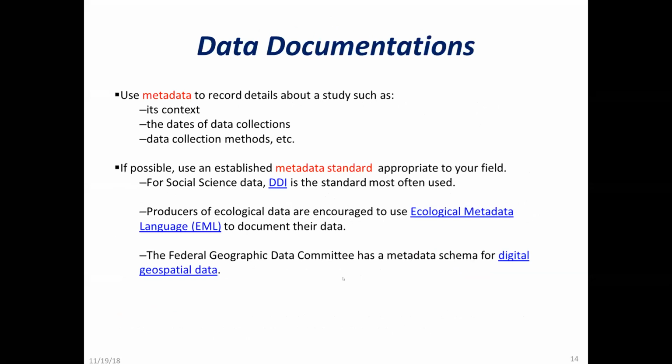Data documentation also, as we mentioned, you have to use metadata to record details about the context, the data that you generate and collect, and the methods of data collection. This is different for each field: social science has DDI, ecological metadata has EML, and the Federal Geographic Data Committee has its own standard for geospatial data.